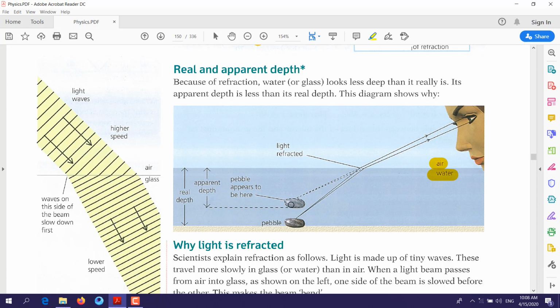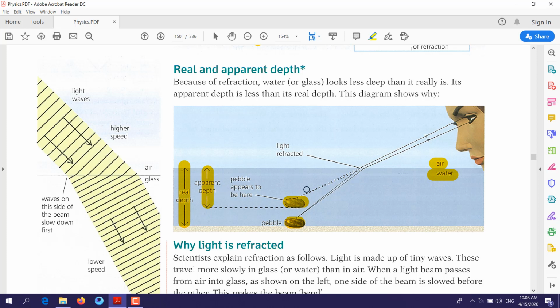It looks different. What does that mean? Here, this is the real depth of water, and also the pebble is at the bottom of this water. But when you look at it, you will see it in a different position. Here is where it looks.